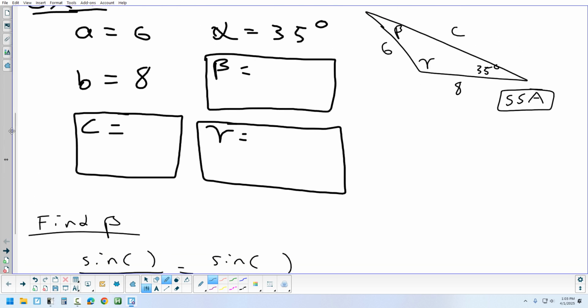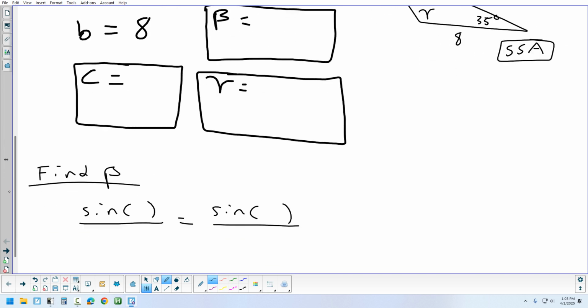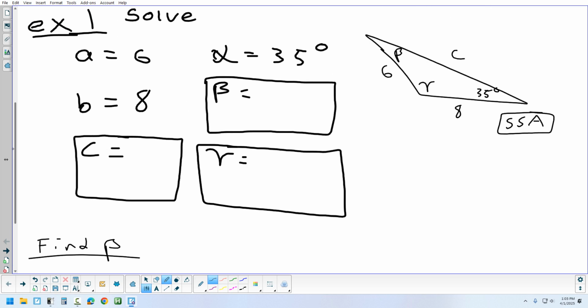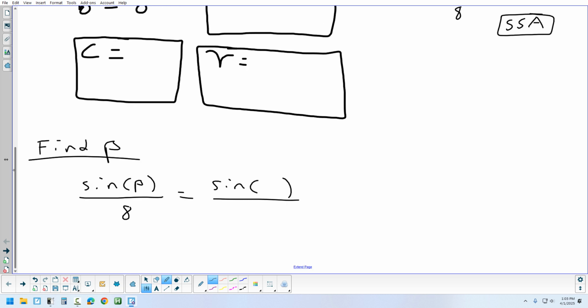Sine of beta over 8. And then sine 35 over 6. So that's the row where we didn't know something, sine 35 over 6. We got the whole thing. And these are the problems where you generally don't need to cross multiply. You just have to multiply by a number. What number in this case?